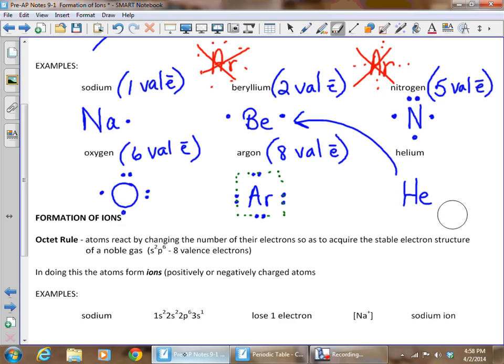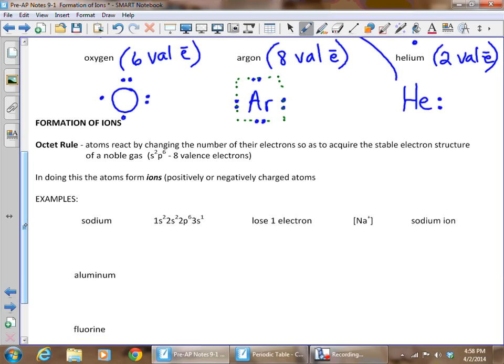So the way we show those 2 valence electrons to show that helium is acting differently is to show that those 2 electrons are paired up on the right-hand side. And that gives us, although helium only has 2 valence electrons, an indication that helium is a noble gas, that its s sublevel is full with 2 electrons.